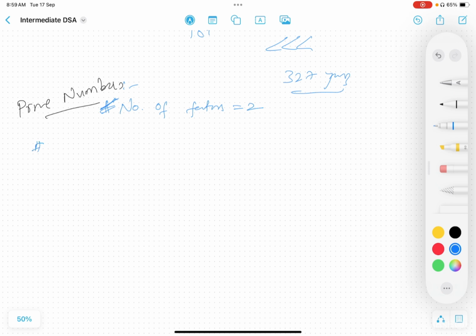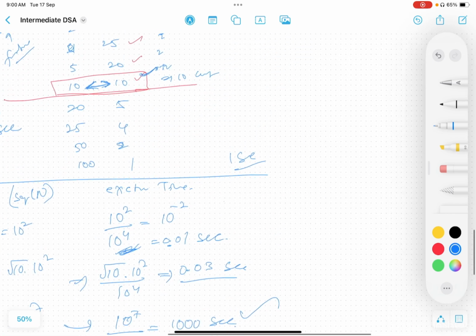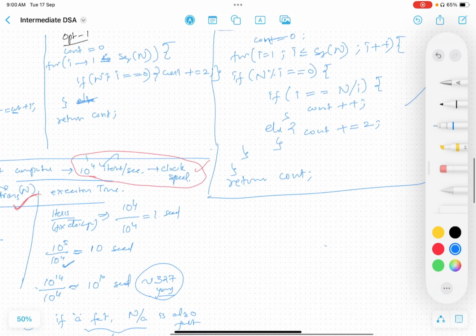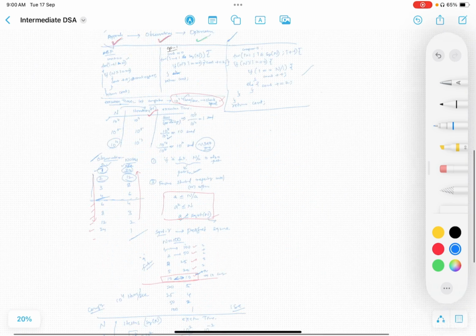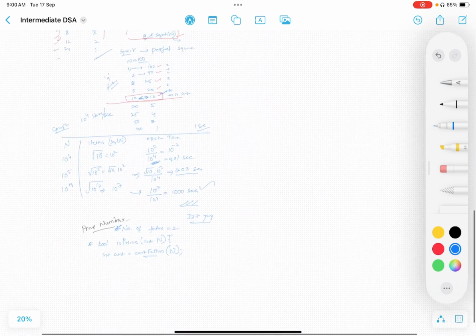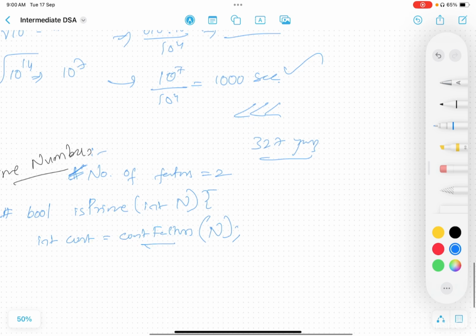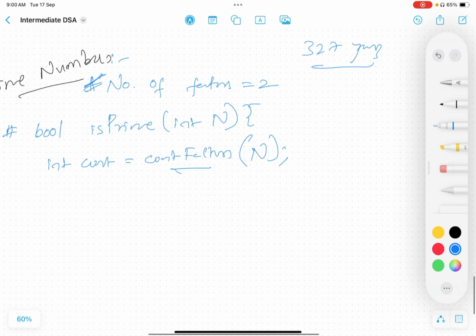Yeah, so I'm writing the code. I wanted to know if it is a prime or not for a given int n. What I do, I need a count first, then I use the count of factors method, which I pass n into. This is the same logic whatever we implemented. You can use the optimization too in that method, right? So this will give me the count of factors. Simple.